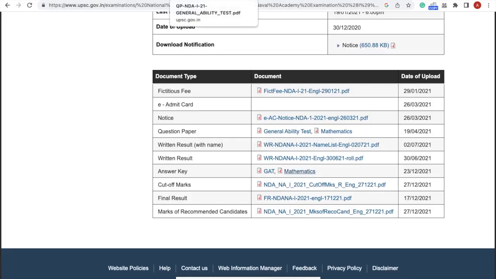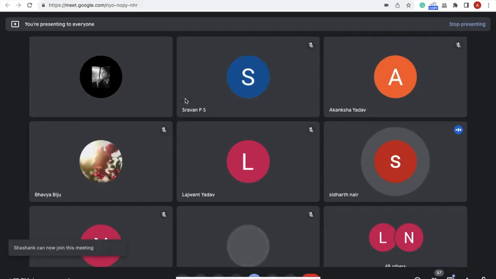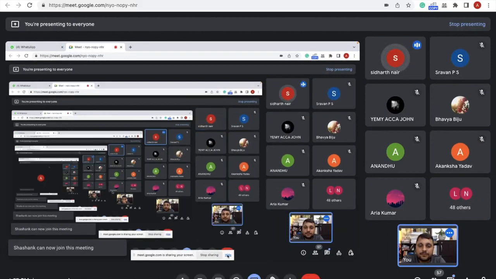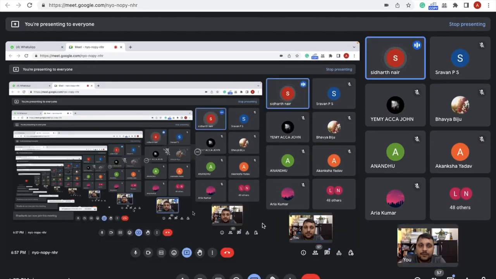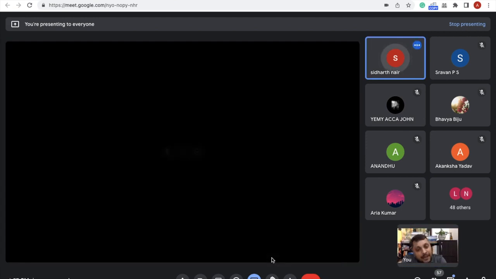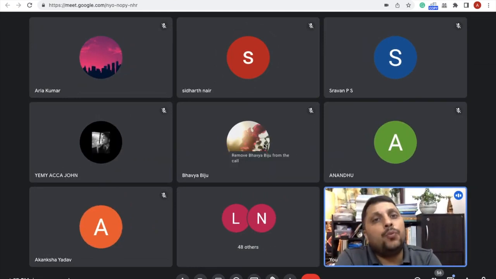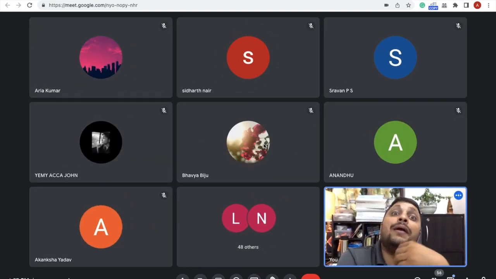Sir, in physics and chemistry, will the questions be more from theory or problem solving? Very good question, beta. It's been observed as a general trend that UPSC is not hell-bent on numericals.